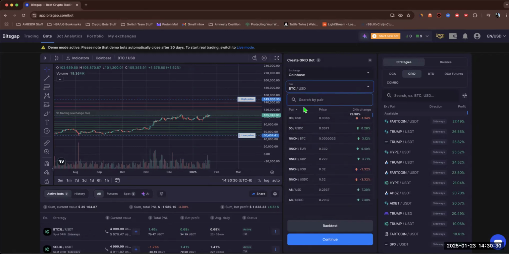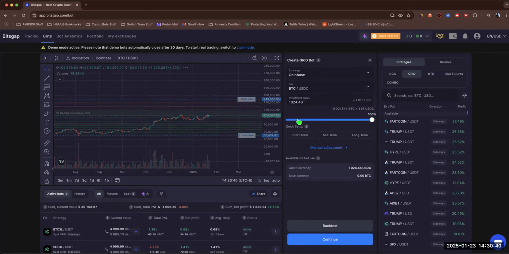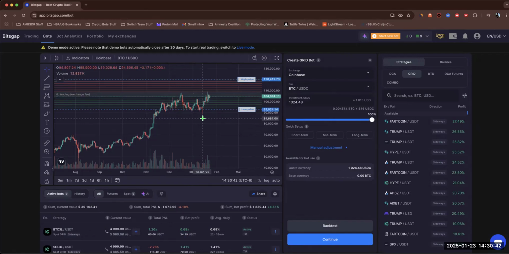But we can look at the other pairings that we have available on Coinbase, and they're going to incentivize you to use USDC.